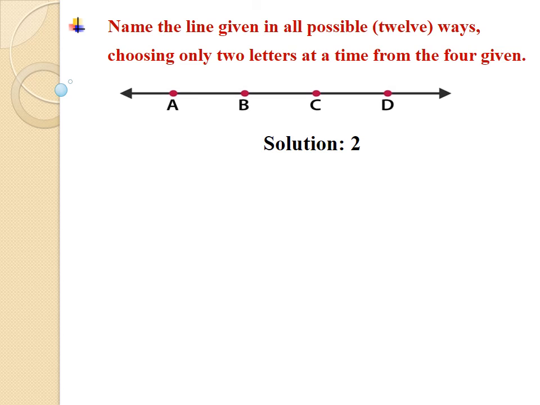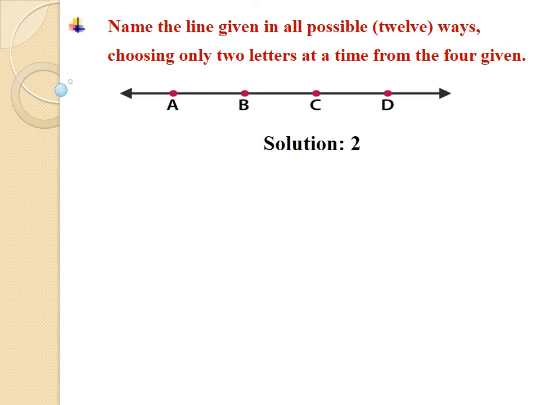Students, in this question, we have to write the name of a line in all 12 possible ways, and we have to use only 2 letters amongst the given 4 letters at a time. So, let us write the names of the lines in all the possible 12 ways using 2 letters at a time.